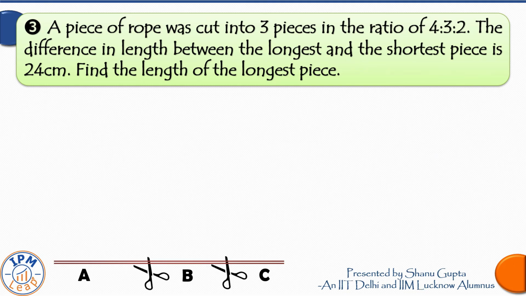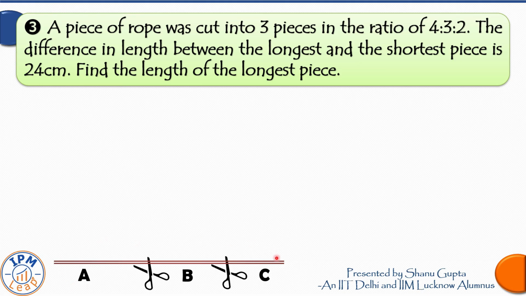Next question is: a piece of rope was cut into 3 pieces in the ratio of 4:3:2. The difference in length between the longest and shortest is 24 centimeters. Find the length of the longest piece. In this question, we have 3 ropes instead of 2.